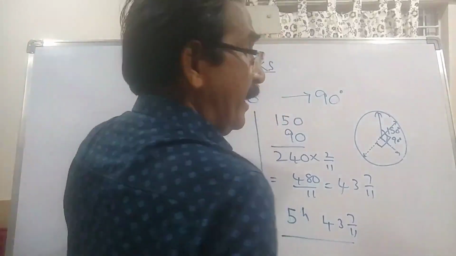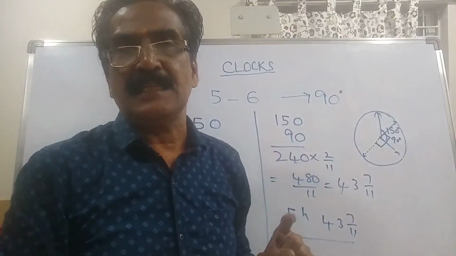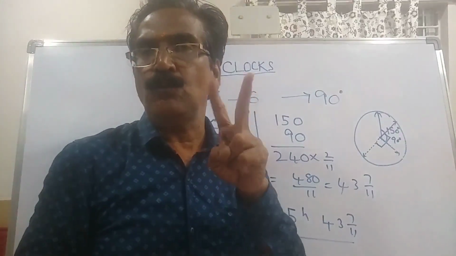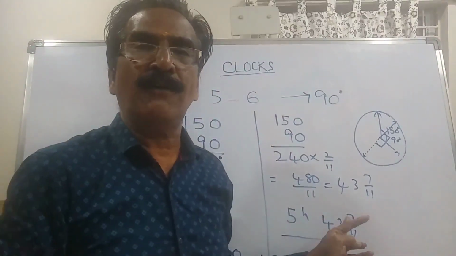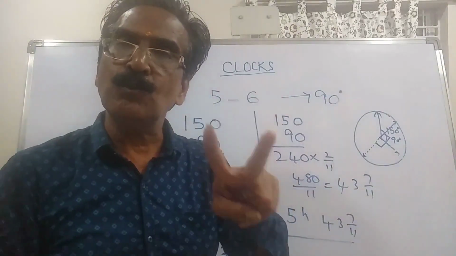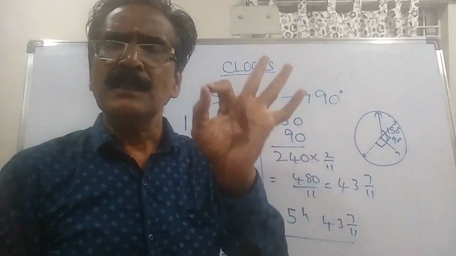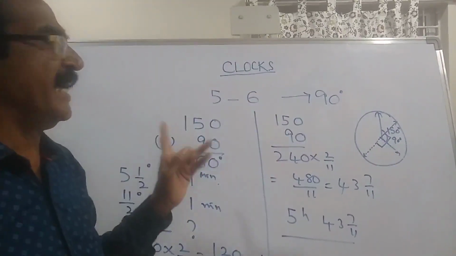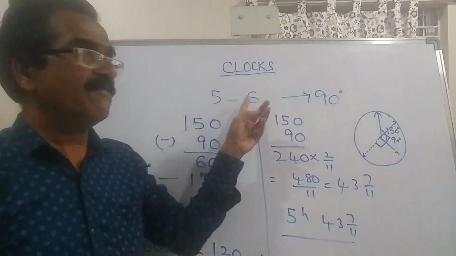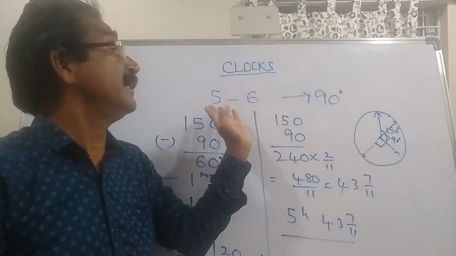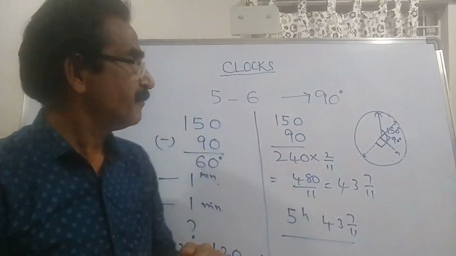At these two timings, one at 5 10 by 11 and the other at 5 43 7 by 11, the angle between the hands will be 90 degrees. So a simple thing you have to do, friends. Your question is: between 5 and 6, when are the hands of a clock inclined at an angle of 90 degrees?